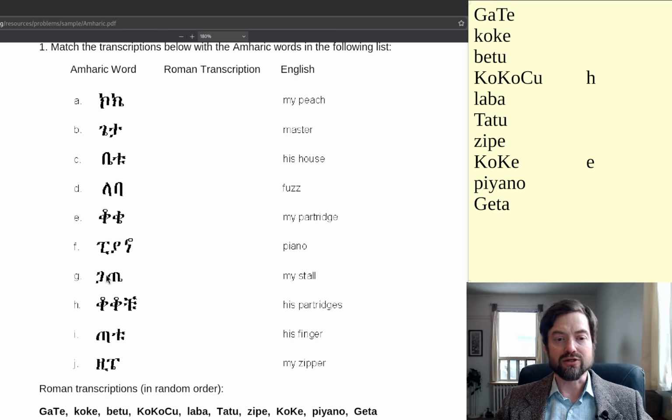I think it's now time to get into this word piano, see what we can do. So we do have the P here. There's no other P, but there is this pay sound here for zipe. So if we get the shape at the beginning of the word piano, that shape should match the shape and be similar to the shape of the second symbol of zipe, because this is P and this is pay.